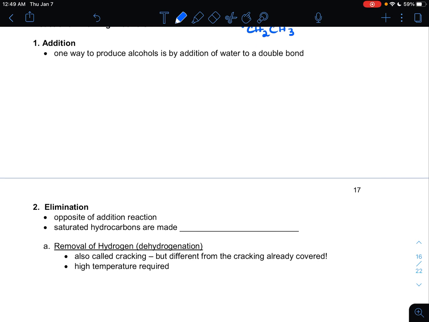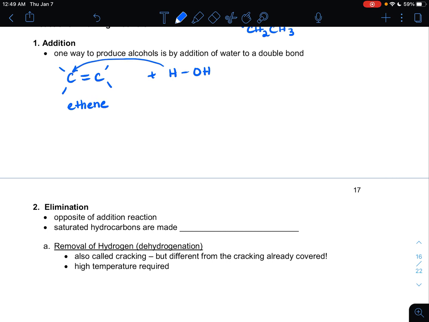The first one that I want to talk over with you is the addition. So how do we make alcohols in the lab? It's basically done by an addition reaction. So here I'm going to start with ethene. Remember that addition reactions always involve a double or a triple bond. And what I'm going to do to it is simply add water.